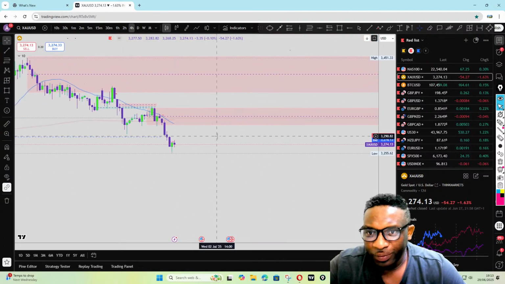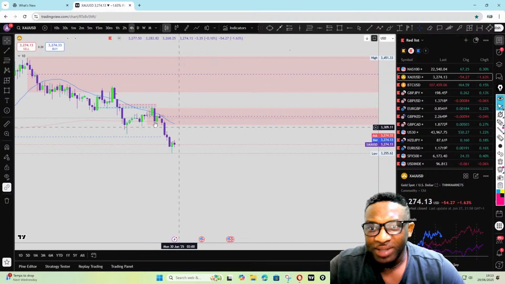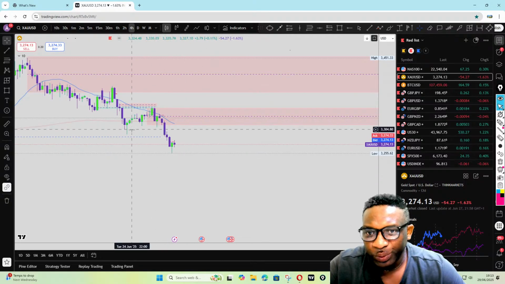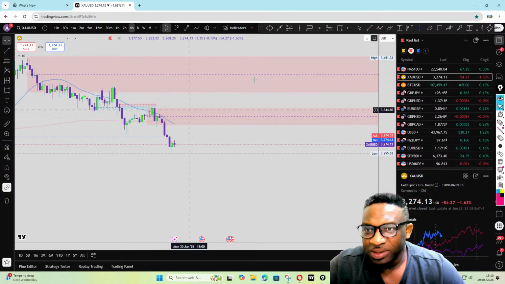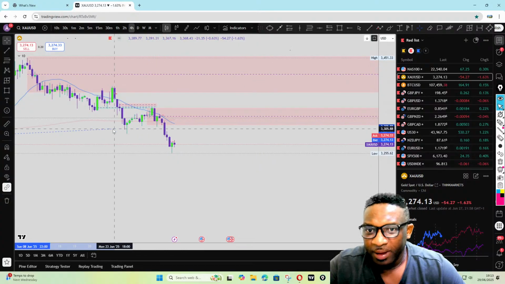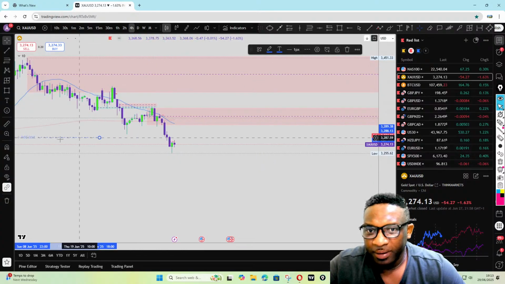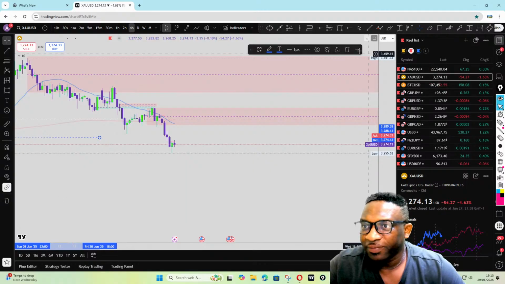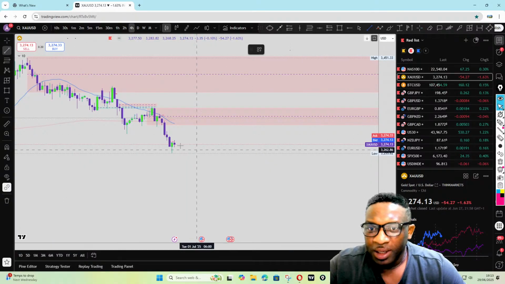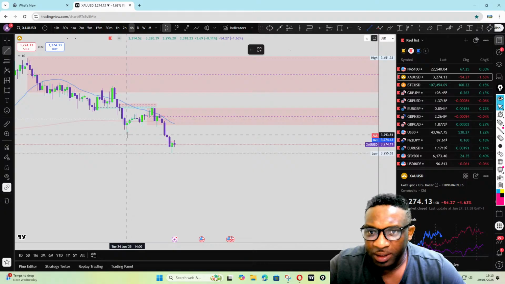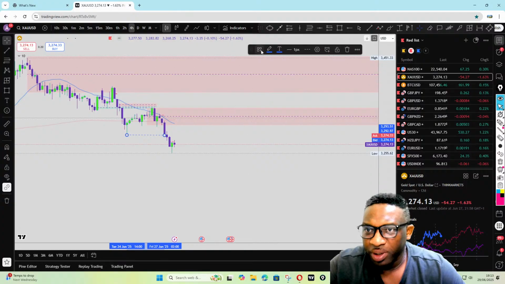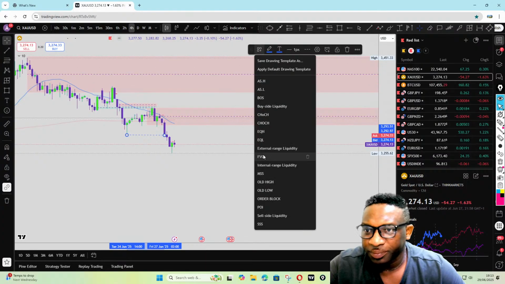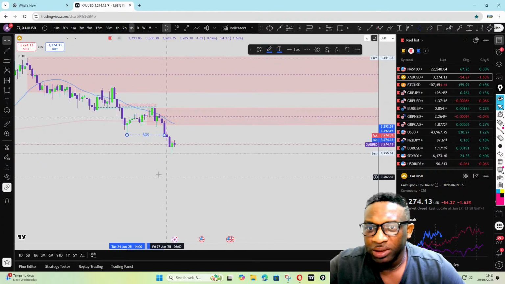So over here on the 4-hour time frame, we can refine this. Let me delete this one for now. This is the break of structure that we are looking at now.